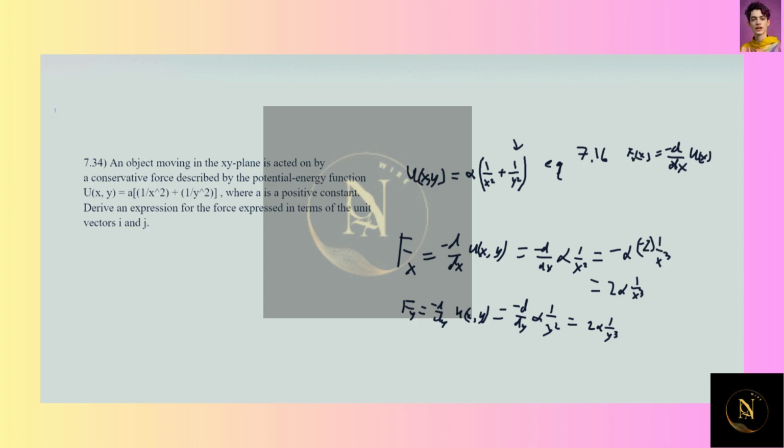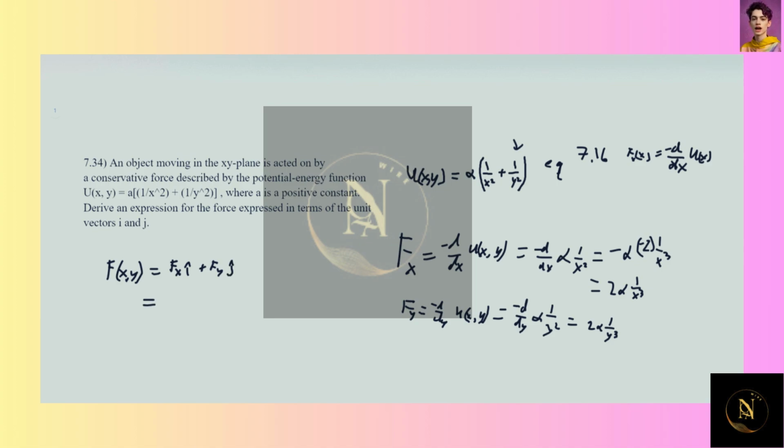Okay, so we have our force in terms of x and a force in terms of y. Now we just need to combine those into an expression in terms of unit vectors i hat and j hat. So now we have F(x,y) is going to be our F_x in the i hat direction plus our F_y in the j hat direction.